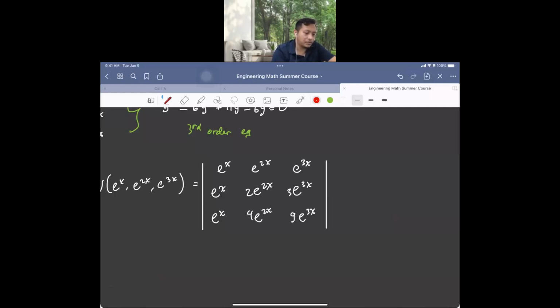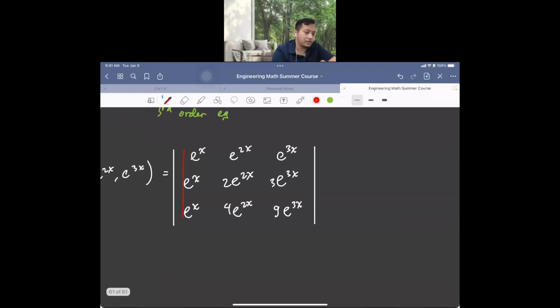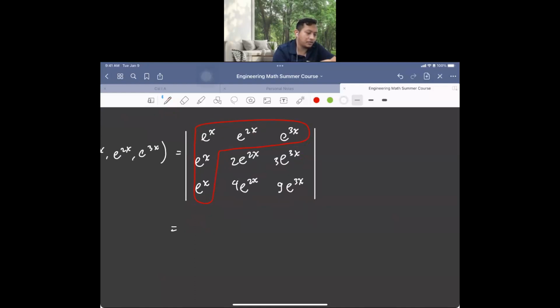So if you want to compute, we can compute it this way.